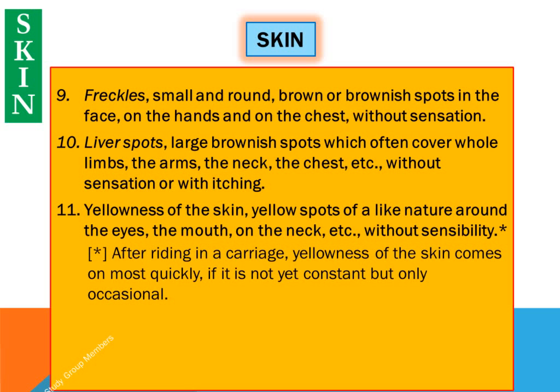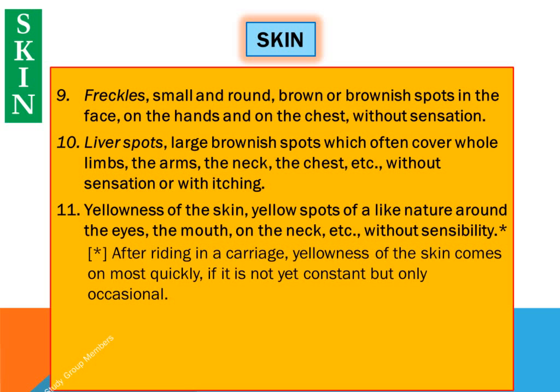So this discoloration, now yellowish discoloration, today if you think, then you may relate it with jaundice, but here it is not jaundice for that matter, it is a complaint of skin. After riding in a carriage, yellowness of the skin comes on quickly or not constant but only occasional.